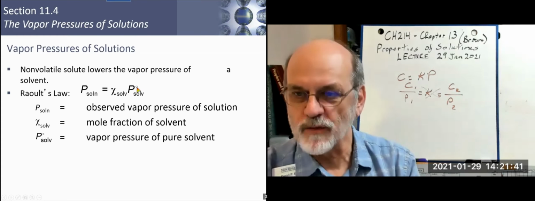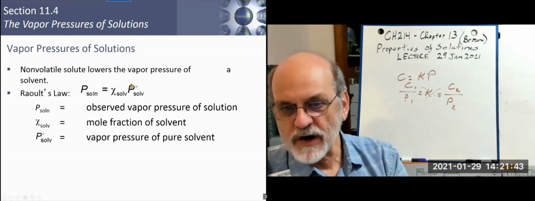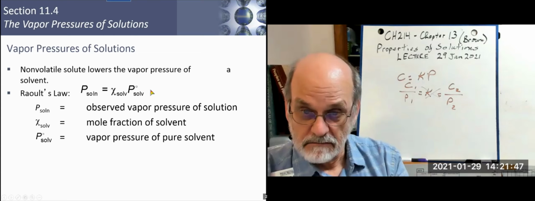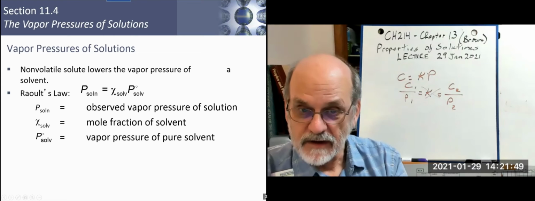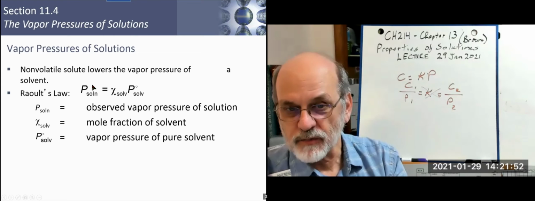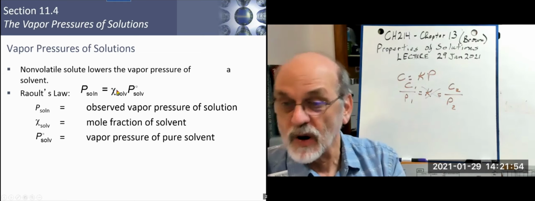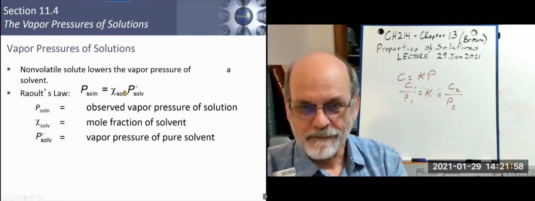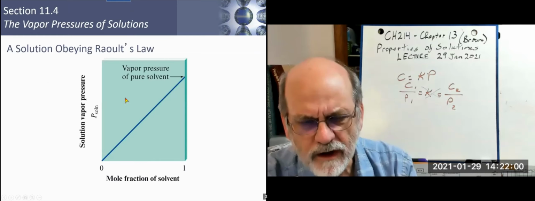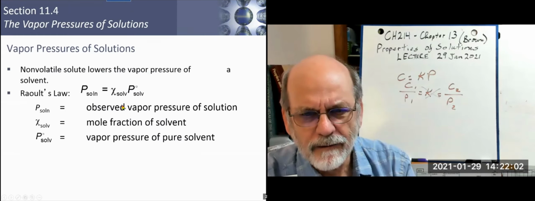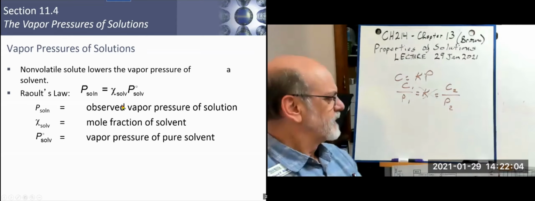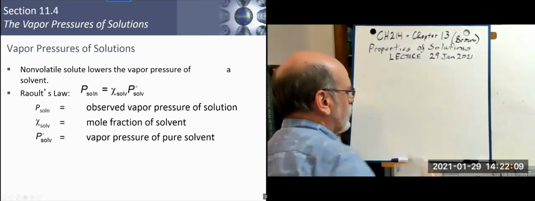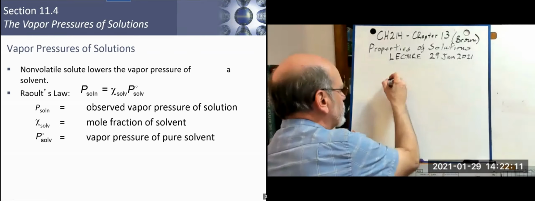That's what this little 0 means. This is the vapor pressure of the pure solvent, and if you add a solute to it, it will decrease its pressure to this value based upon the mole fraction of the solvent. Okay, do we have a problem to work here? No, it doesn't give us a problem. That was Henry's law. Raoult's law is this one.